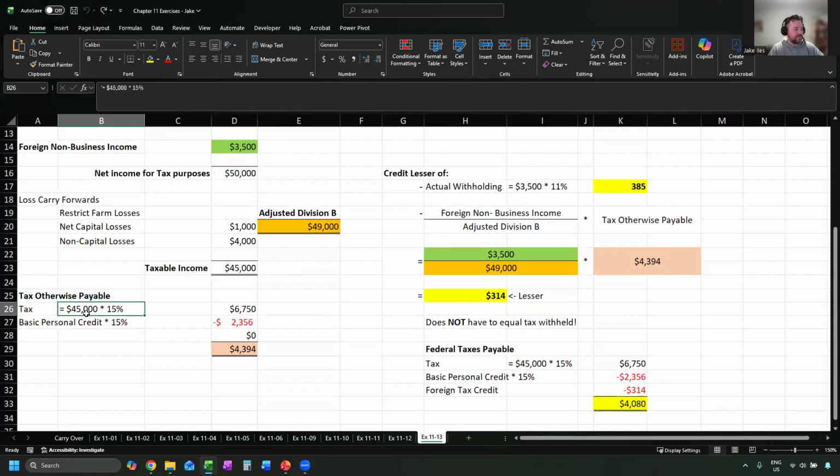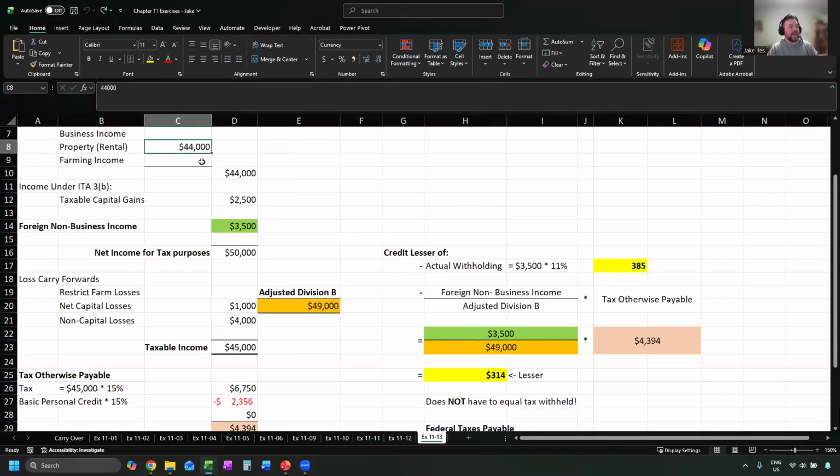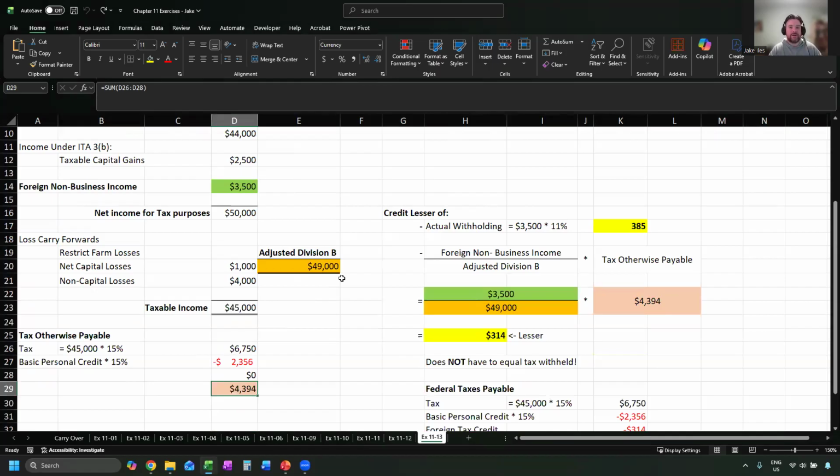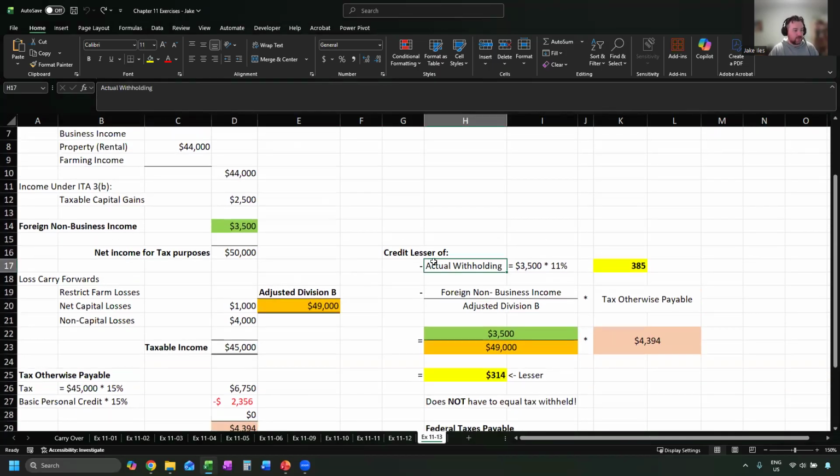Our tax rate is 15%, so our tax owing is $6,750 minus our basic personal amount. That means our Canadian tax that would have been payable is $4,394. So we calculated our income, we figured out what that tax payable would have been. Now we look at our foreign tax credit. So our actual withholding was $385.